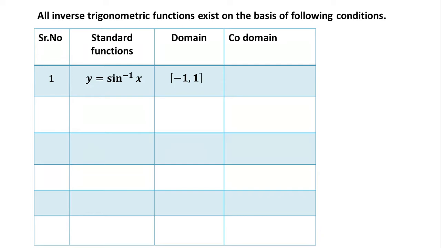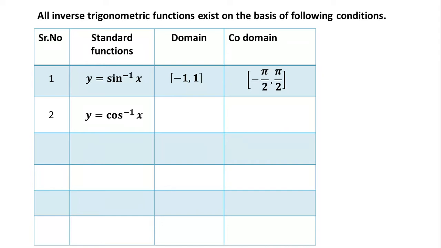The domain is the closed interval minus 1 to 1, and the codomain is the closed interval minus pi by 2 to pi by 2. So specifically in case of the inverse sine function, we have to select the domain as closed interval minus 1 to 1 and codomain as closed interval minus pi by 2 to pi by 2. You just remember this.